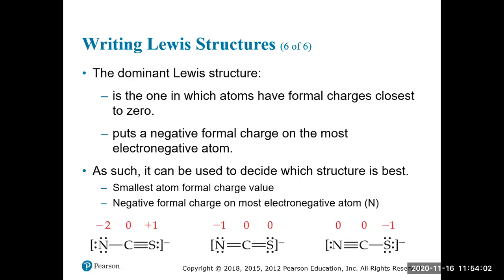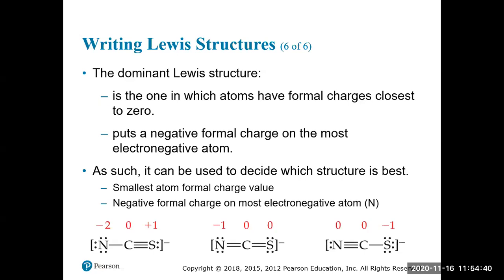But if we calculated our formal charges, we would find on the left one, it's -2, 0, +1. The middle option, -1, 0, 0. The option on the right-hand side, 0, 0, 1. So the first thing we do is look at that left-hand option, and we see for that Lewis structure, we're not as close to 0 formal charge as we are with these other two, because we've got a -2, a +1, and a 0.